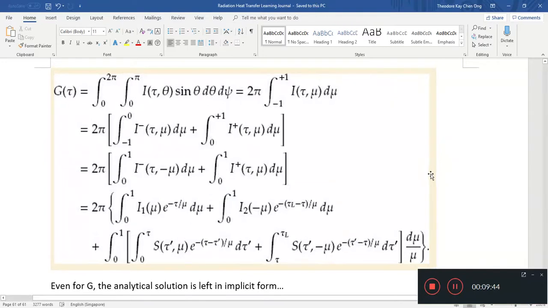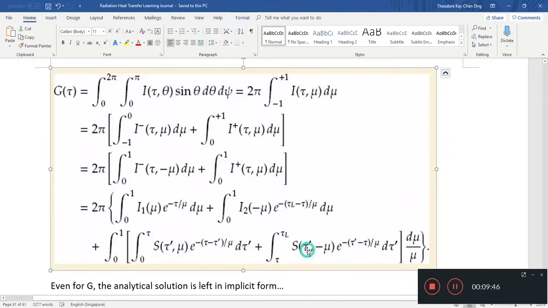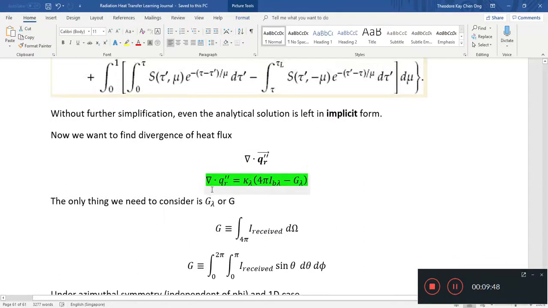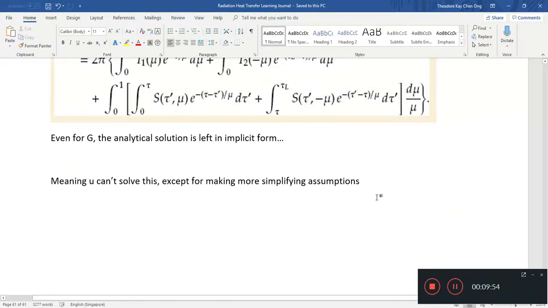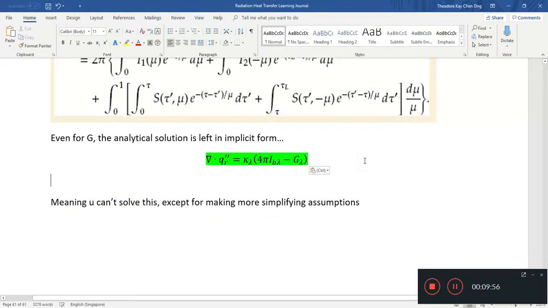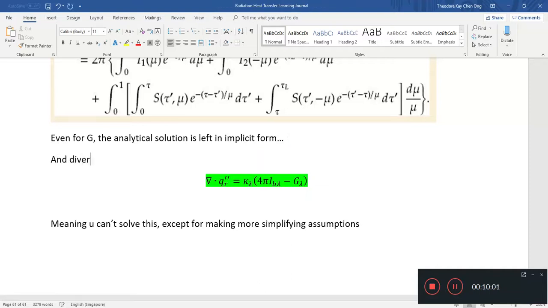All right, so that is what G looks like, and since G looks like that, we can just substitute G into the divergence. So divergence is expressed as the following.